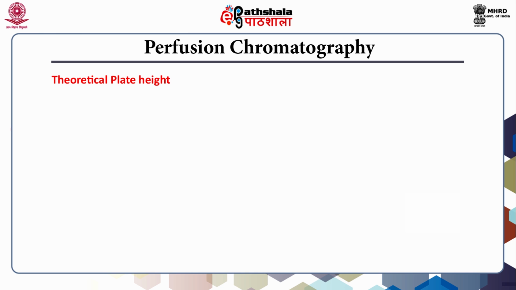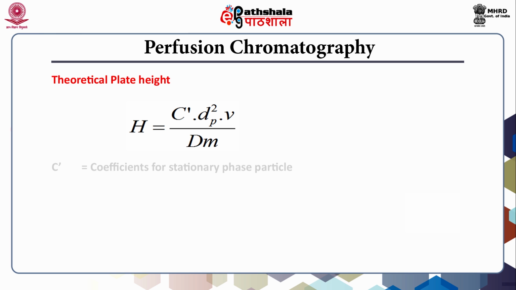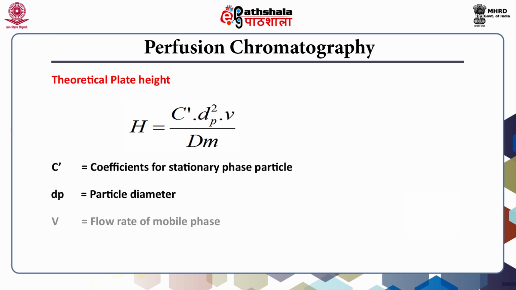Here C prime is the coefficient of stationary phase particles and dP is the particle diameter.